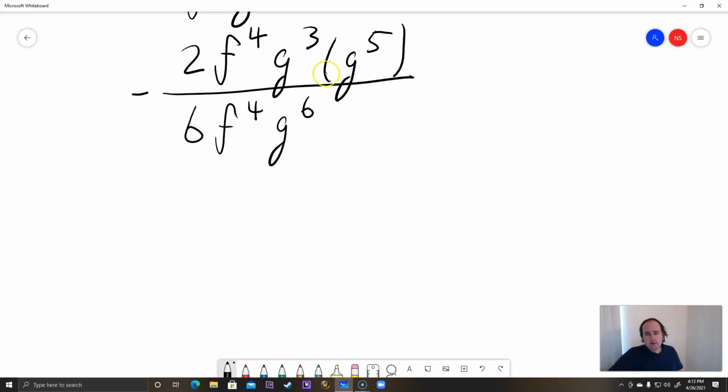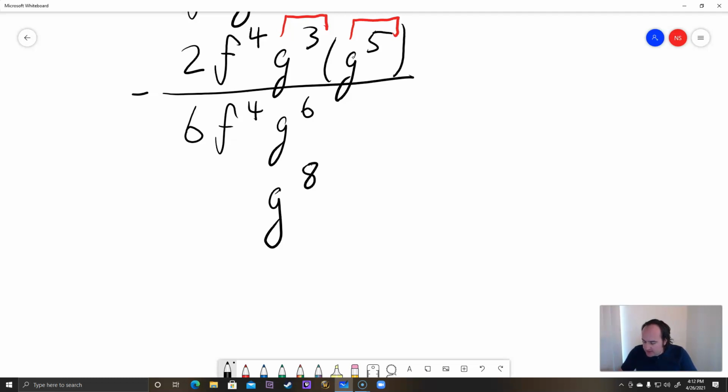Now in the numerator, we can combine the g to the 3 and the g to the 5. Because we're multiplying up there and they have the same base, we add the exponents. So that's going to give us g to the 3 plus 5, which is of course g to the 8, because 3 plus 5 is 8.